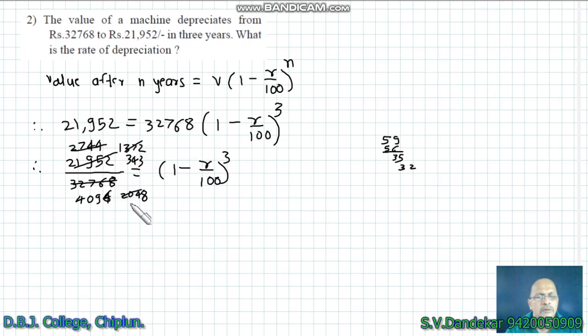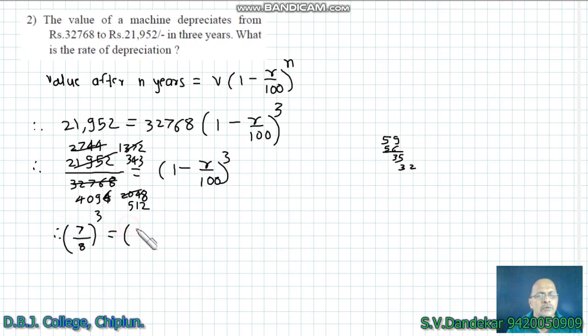343 upon 512, and therefore 343 is 7 cube and 512 is 8 cube.